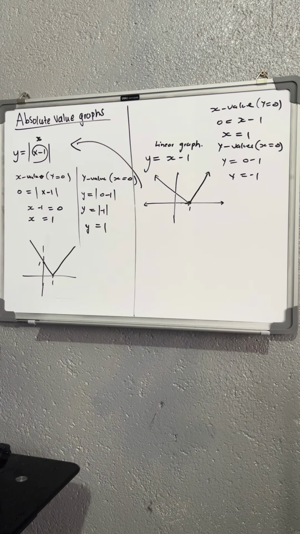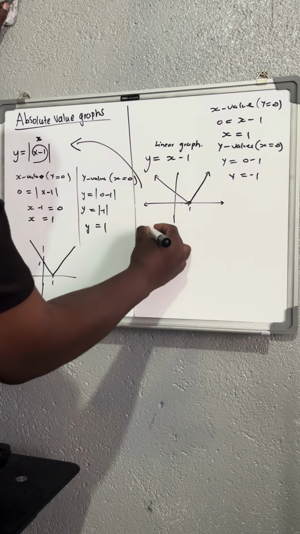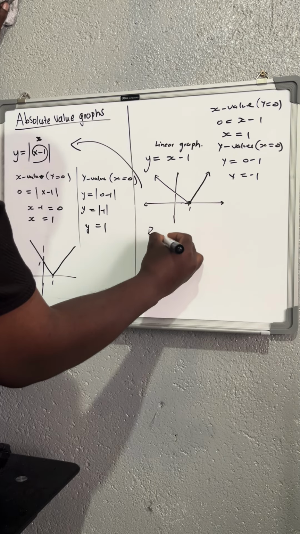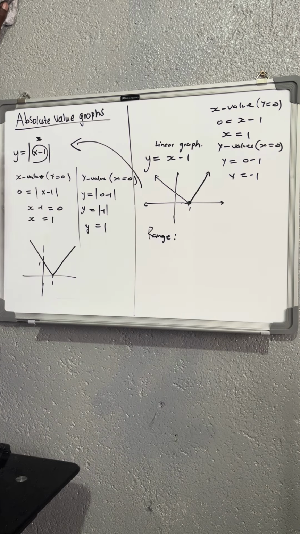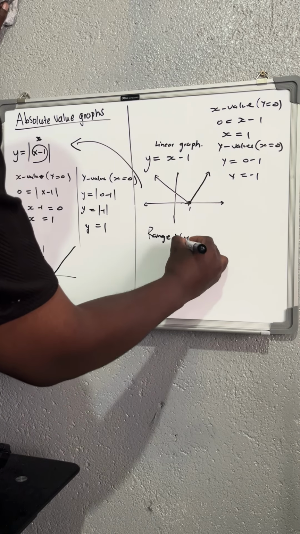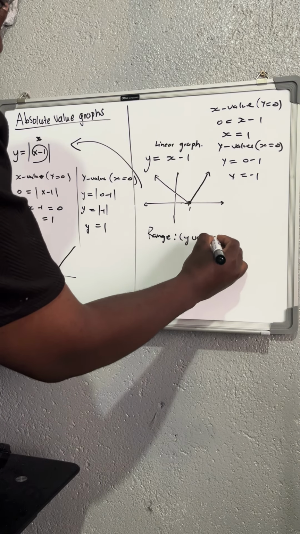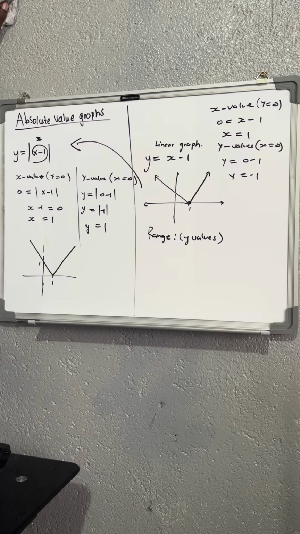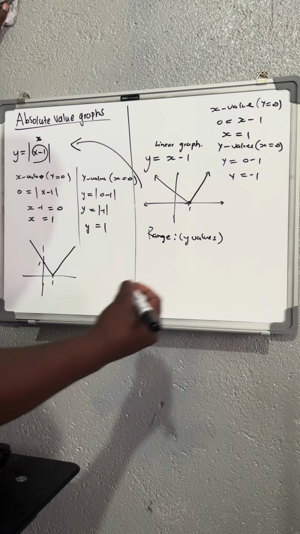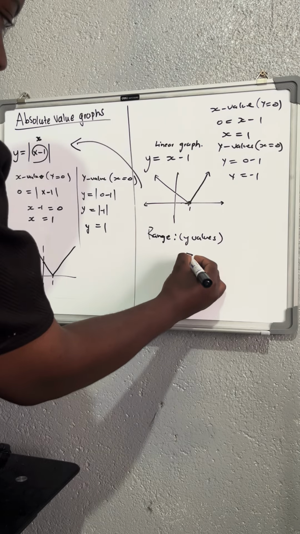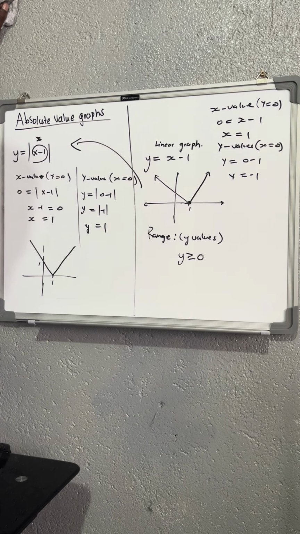Which is why, if you're considering your range for this one, what is your range? Your range is basically your y values. So what are your y values for this one? For the range, you will say y is greater than or equal to 0.